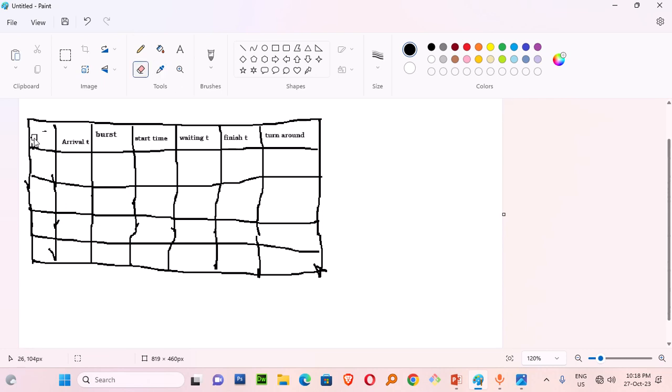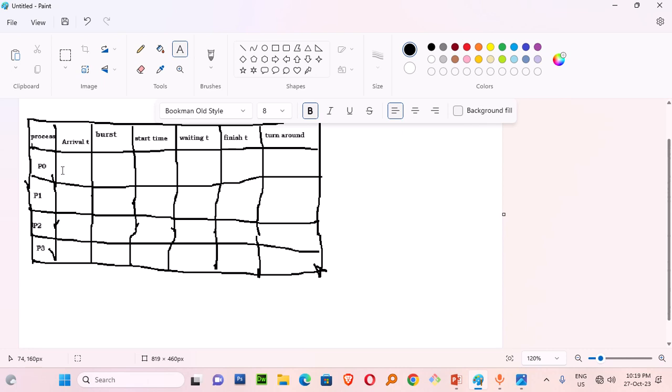Let me check this. I'm going to list the processes here: this is P0, then P1, then P2, and lastly P3.